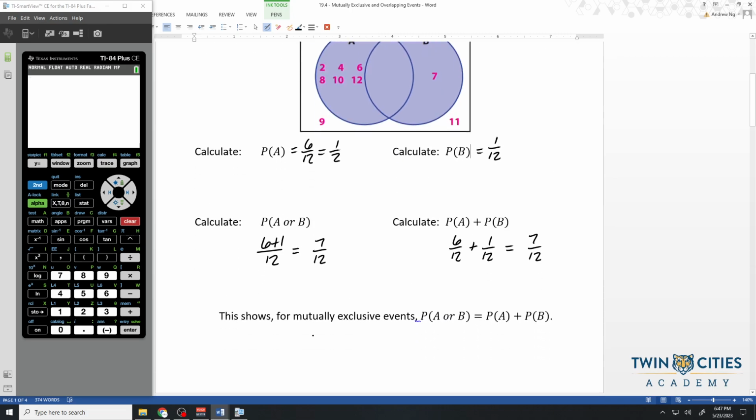This shows for mutually exclusive events, the probability of A or B as one event is equal to adding the probabilities of event A plus the probability of event B. But that's for mutually exclusive events.